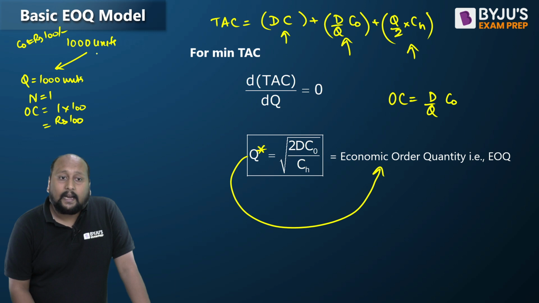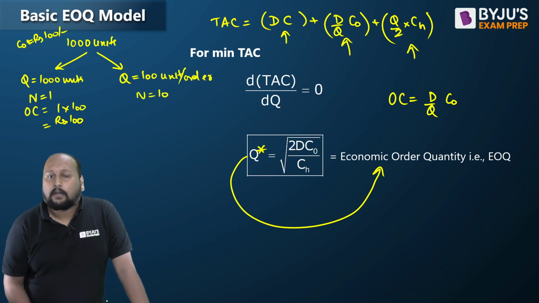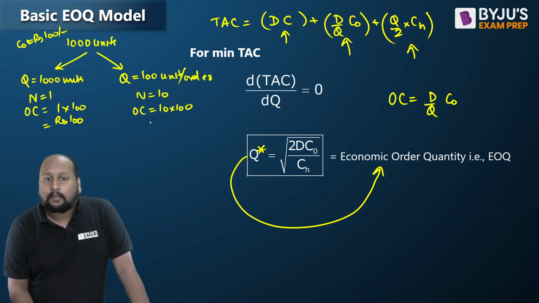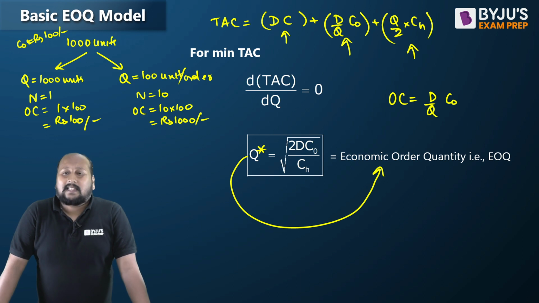On the other hand, if you place orders of 100 units each, you need 10 orders, so the total ordering cost is 10 into 100, that is rupees 1000. You can see the difference: the larger the order size, the lower the ordering cost.